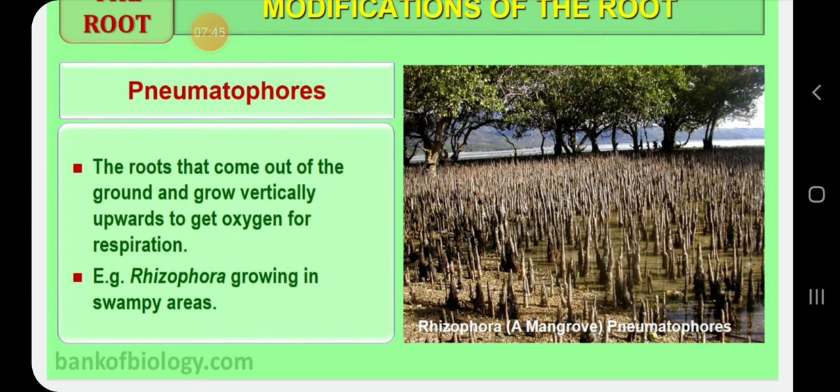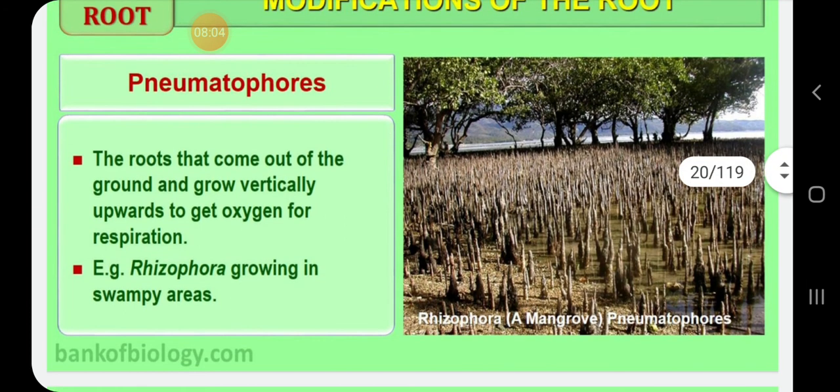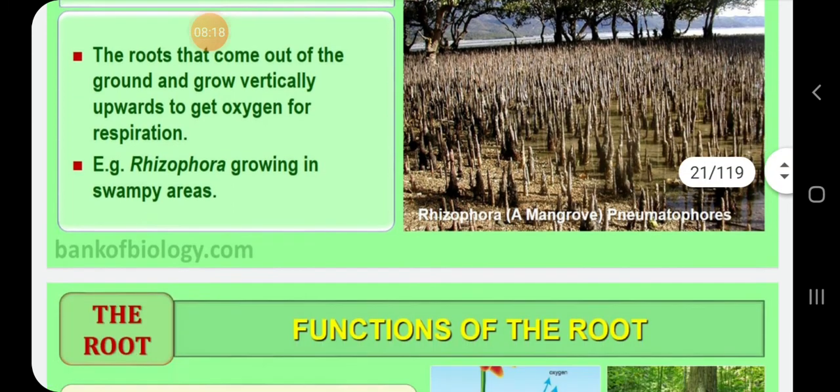They are known as pneumatophores, and they are found in plants which grow in the delta region, where the soil is lacking in oxygen. To take oxygen for respiration, these roots grow upward from the soil, and part of them becomes aerial and gets the oxygen.